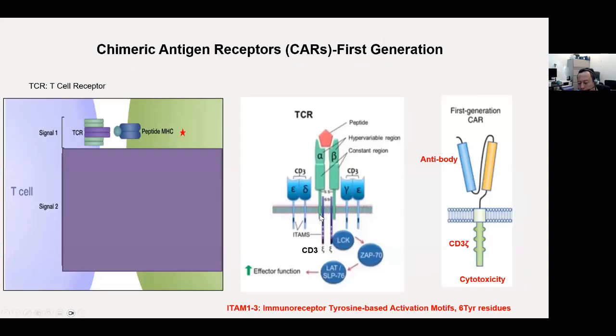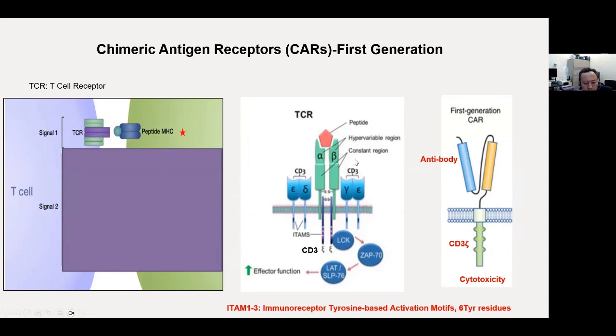So let's first review how this chimeric T cell receptor has been designed. It is designed especially to mimic the native T cell receptor and how it works. The native T cell receptor needs 2 signals to activate. First, the TCR, the T cell receptor, needs to recognize the antigen, which is presented by the presenting complex.